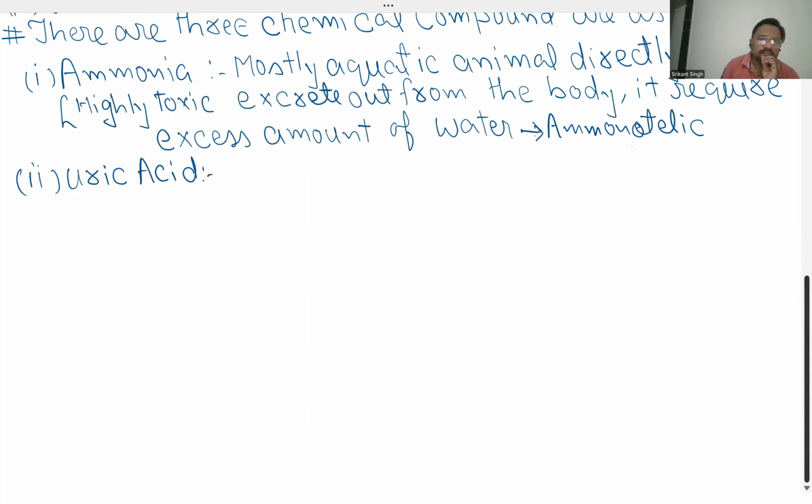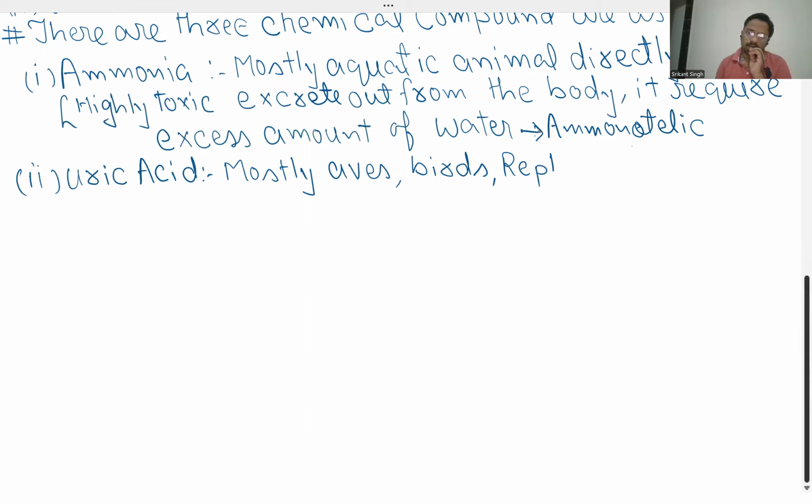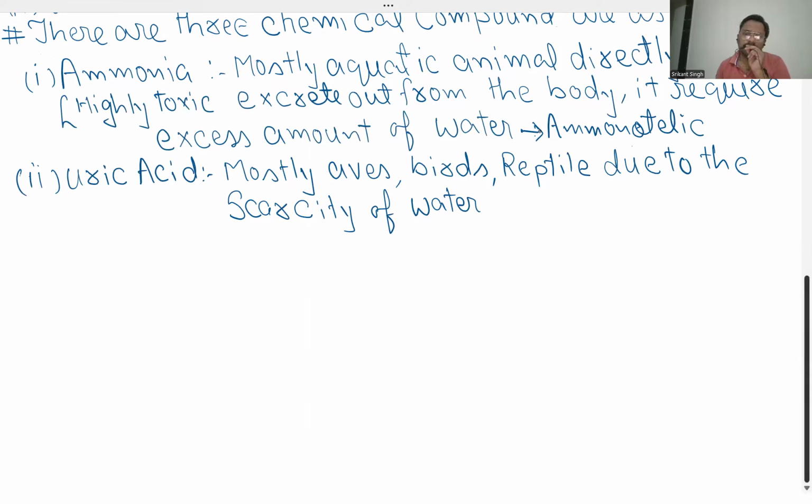Uric acid is excreted mostly by insects, birds and reptiles. Due to the scarcity of water, they excrete uric acid.